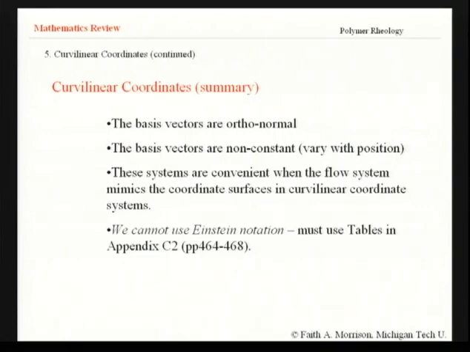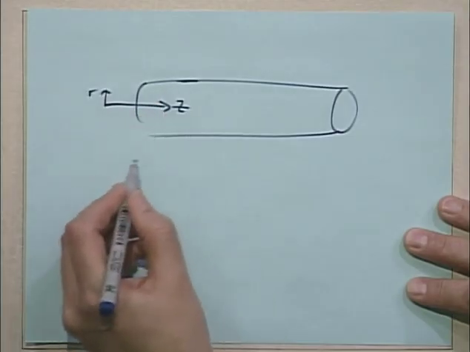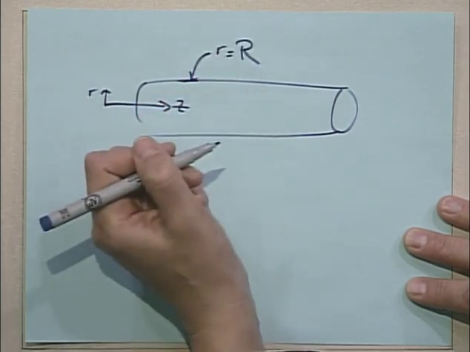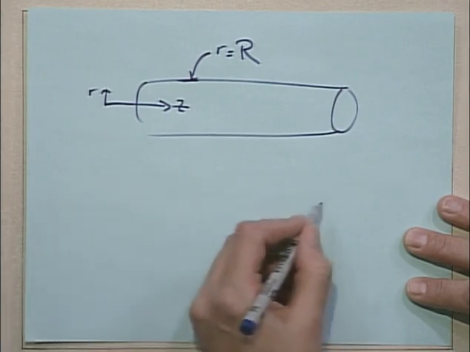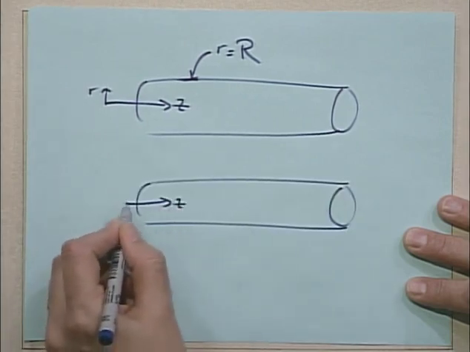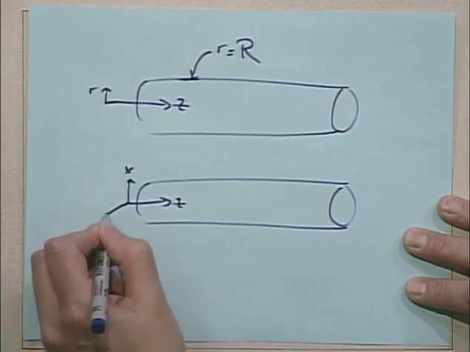If I have a pipe, I would much rather say, oh, this is the z direction, this is the r, and so this coordinate surface is r equals the radius. I would much rather say that than write the same thing in Cartesian coordinates, z, x, and y.